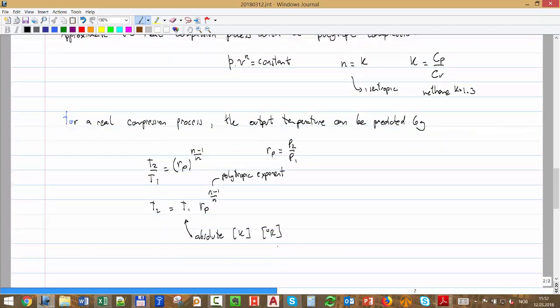For the plot, the polytropic exponent, let's see if I find it here.